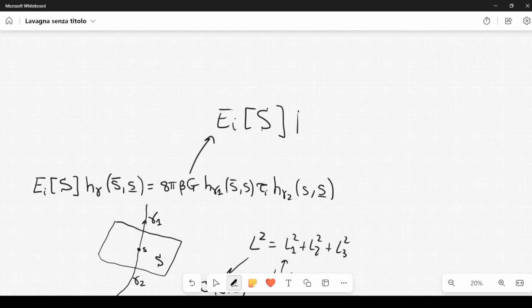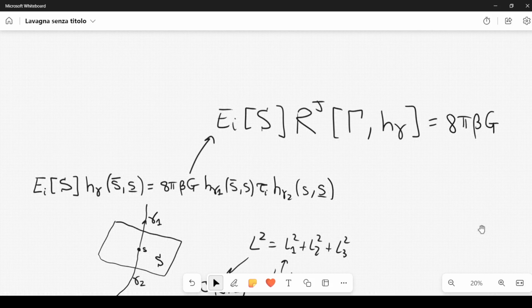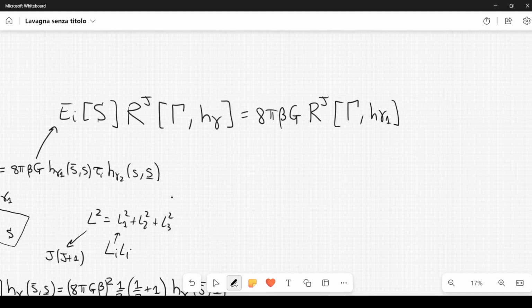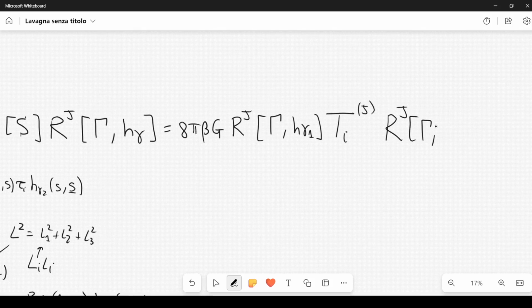In this case here, this is going to act on this R^j, and this depends on capital gamma H sub lowercase gamma, and this is equal to 8 pi beta G, and then instead of this H_gamma 1, here we have R^j of gamma H_gamma 1, and then instead of tau I here, we are going to have T_I^j, and then we still have R^j of capital gamma, and instead of H_gamma 1, we have H_gamma 2.